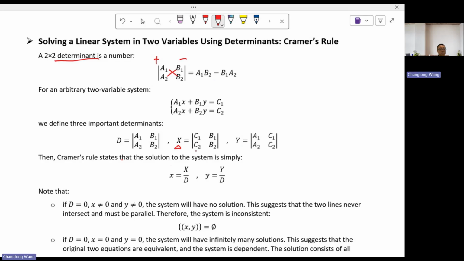But I want you to notice how to build the determinant of x based off the determinant D. As you notice, determinant D and the determinant x share the second column, right?